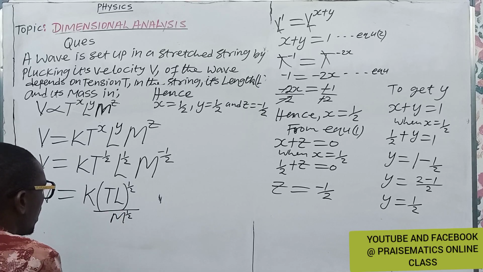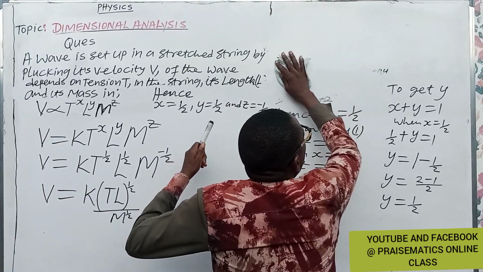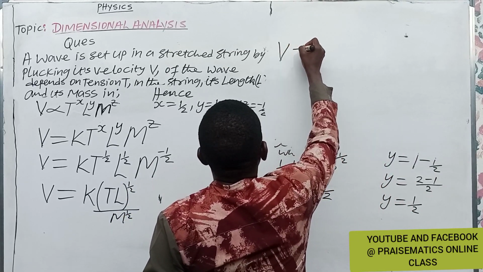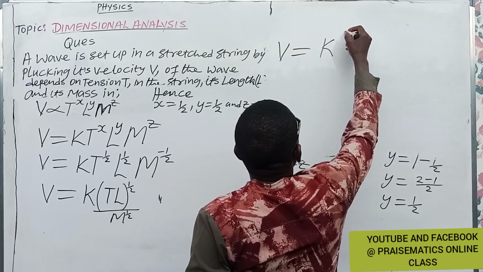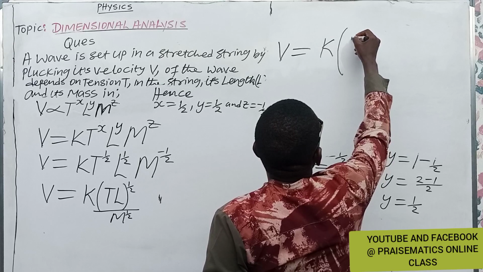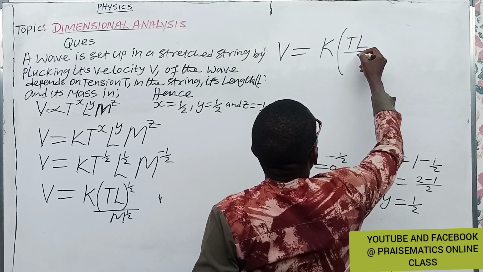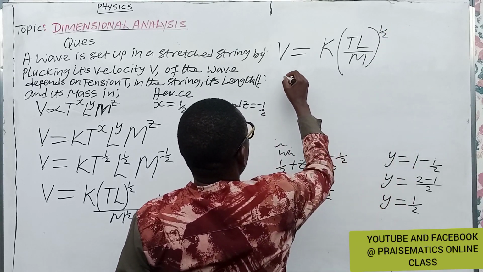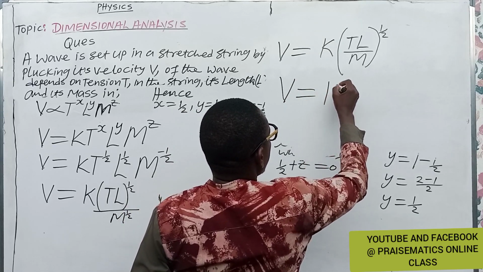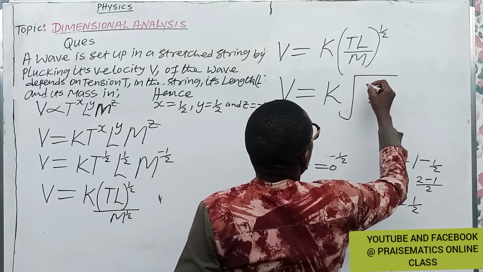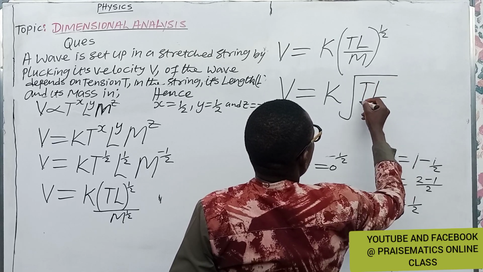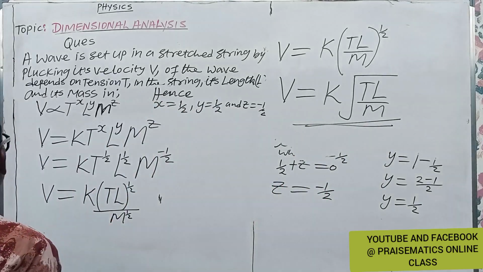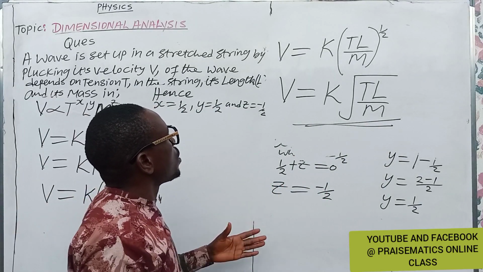Having this, we can have this equation generally as V is equal to K into bracket T L over M, raised to 1 over 2. Finally, we have that V is equal to K times the square root of T L over M. And that is the final relationship between these.